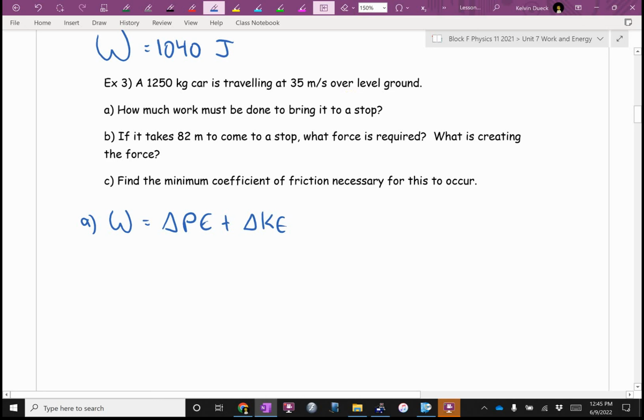What does that mean? I gotta be fussy. The change in potential is 0. No change in height. What's change in anything? So this is going to be a half mv final squared minus a half mv initial squared.